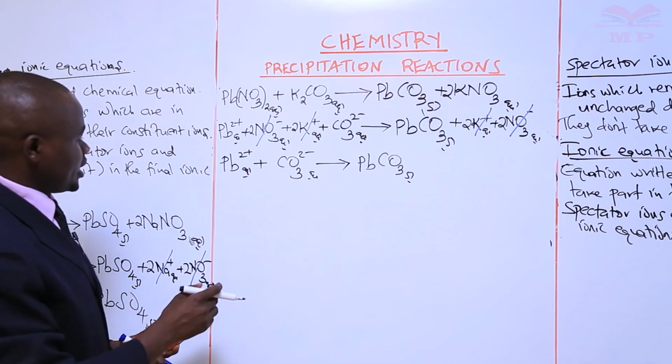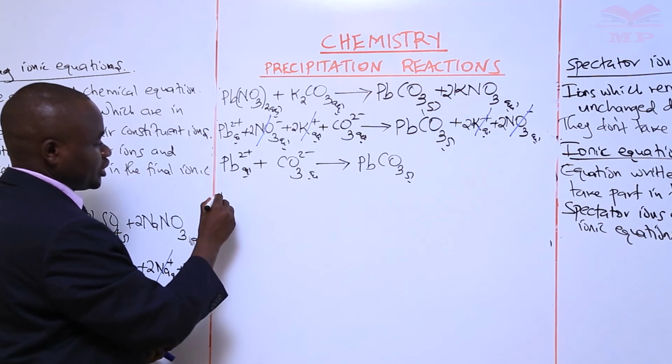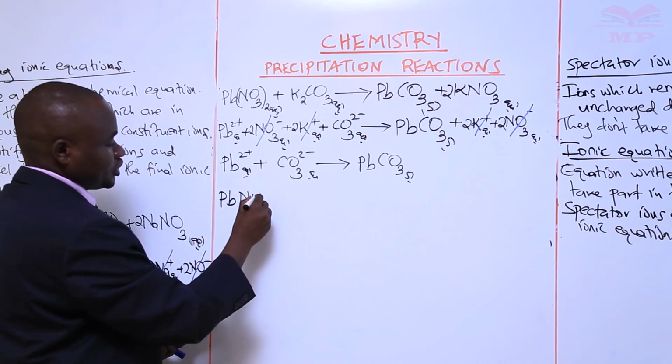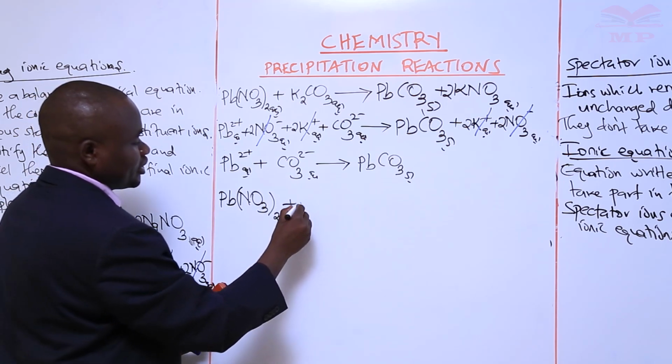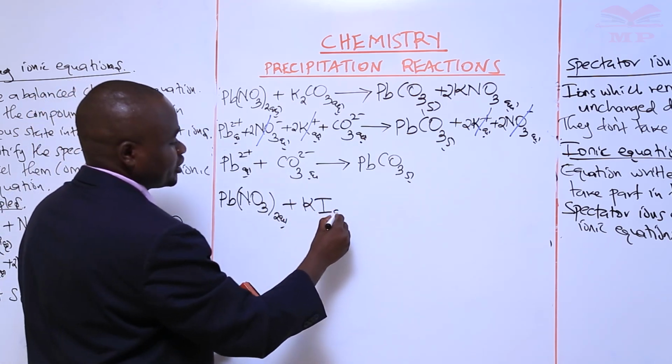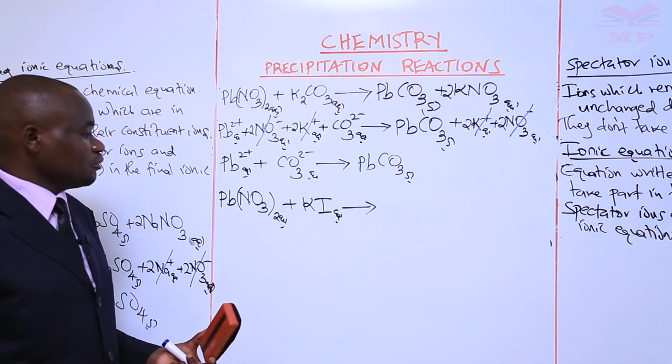Let's look at one more. The reaction between lead nitrate aqueous and potassium iodide. Remember, this is also another example of a precipitation reaction.